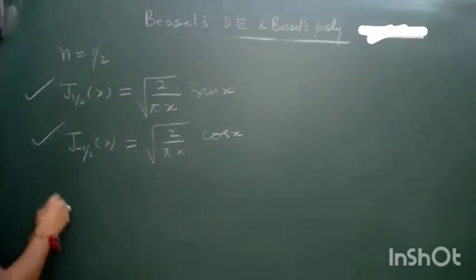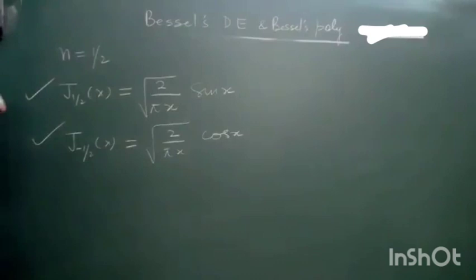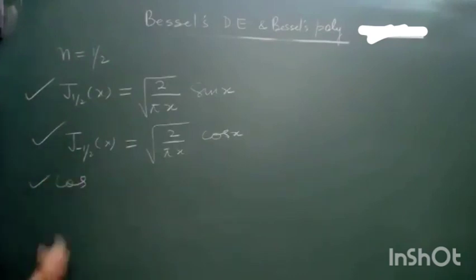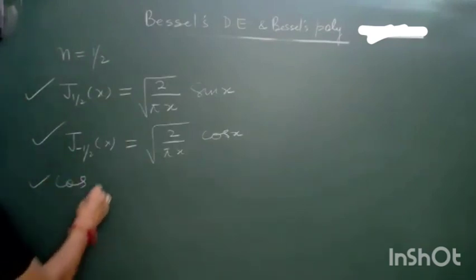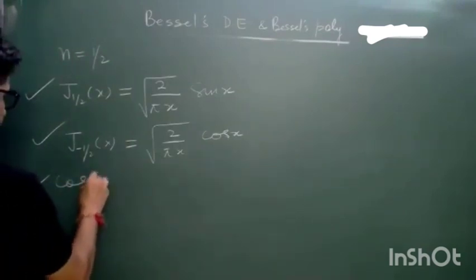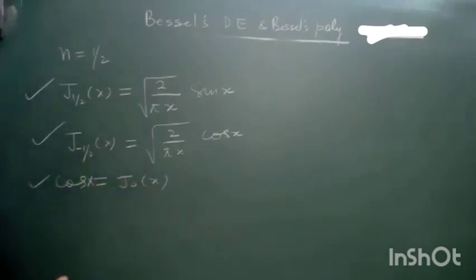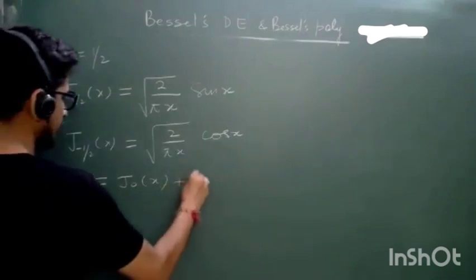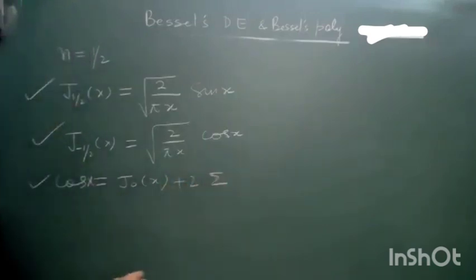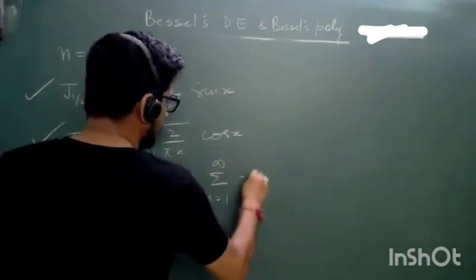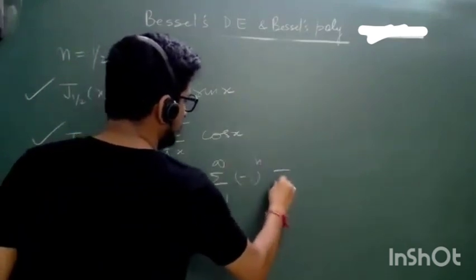And two more things, that cos and sine can also be written in the form of Bessel's polynomial. Cos, because it is an even function, is written in the form of J0 x plus 2 times summation n is equal to 1 to infinity minus 1 to the power n J2n.